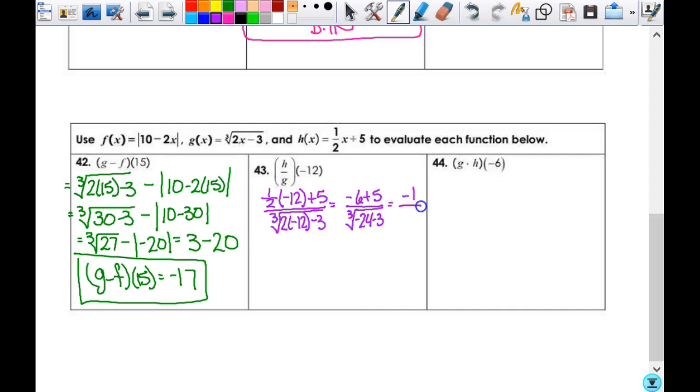It gives me negative 1 over the cube root of negative 27. So negative 1 over cube root of negative 27 is negative 1 over negative 3. So this becomes a positive 1/3, and that is h divided by g of negative 12.